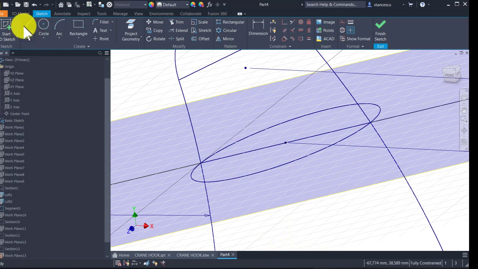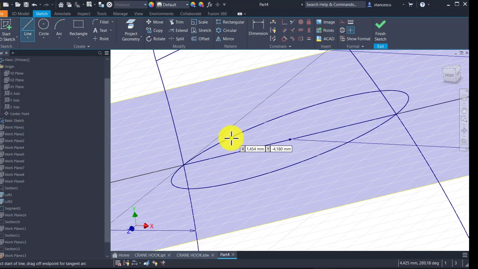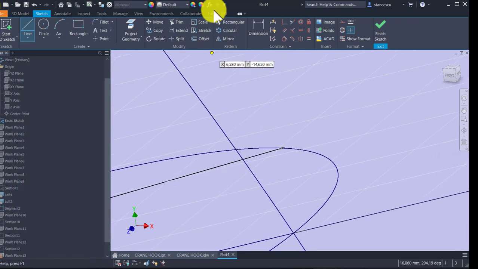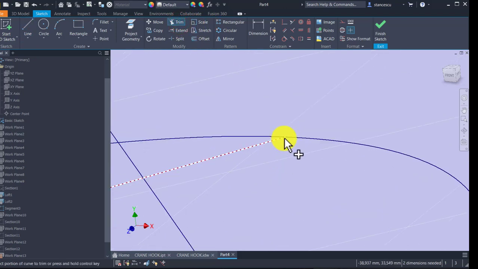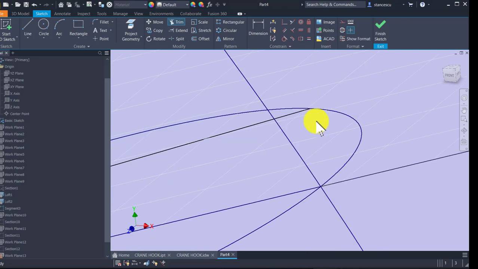Align, oriented from this to this end, which is outside. Trim is, no, it is okay. Sorry.